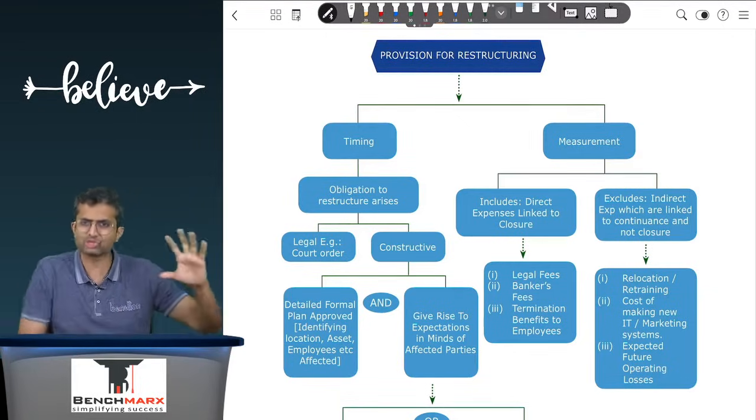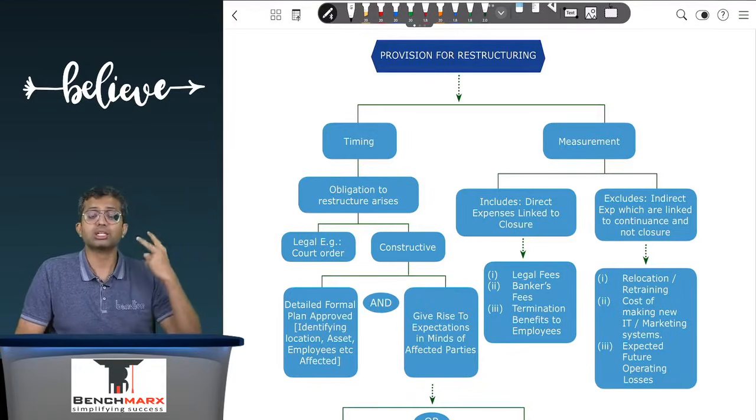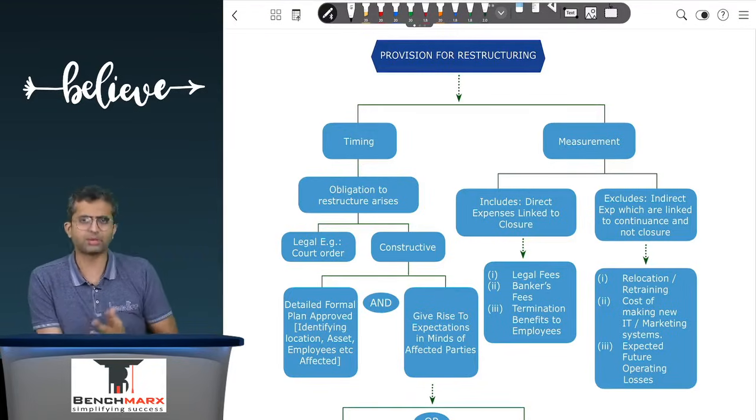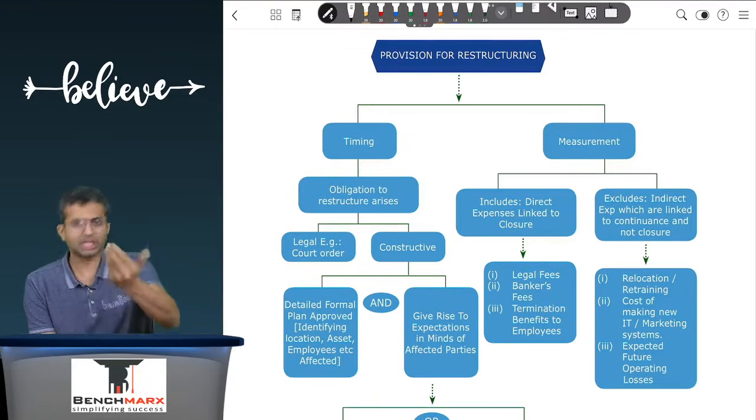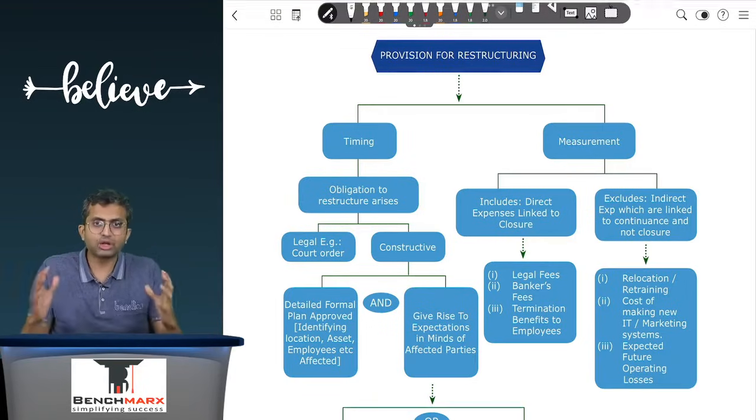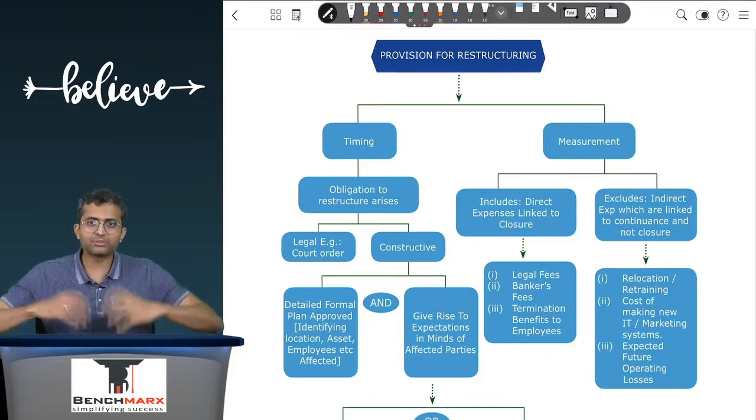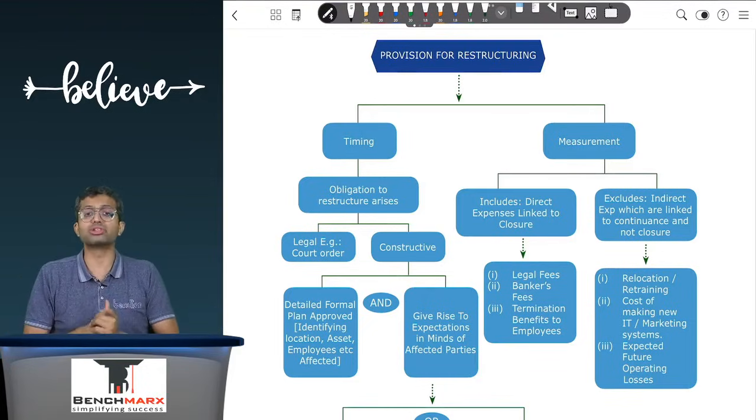So one, there needs to be a detailed formal plan in place, and second, that plan has to be either communicated to the affected parties or the implementation of that plan should have started. If either of these two have happened, then it is considered to give rise to expectations in the minds of the affected parties.